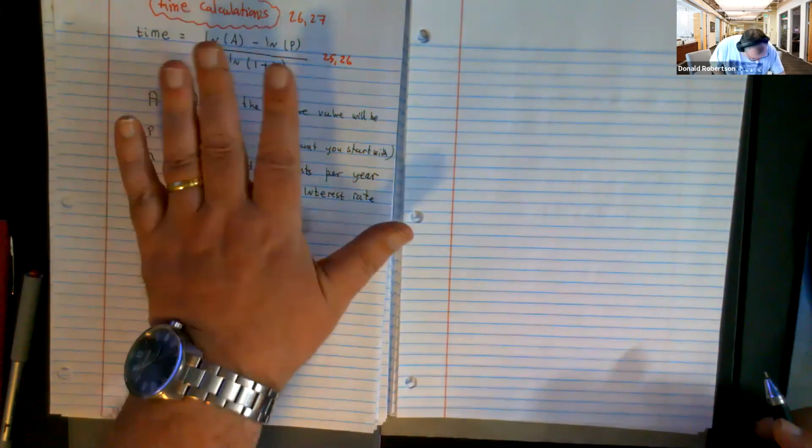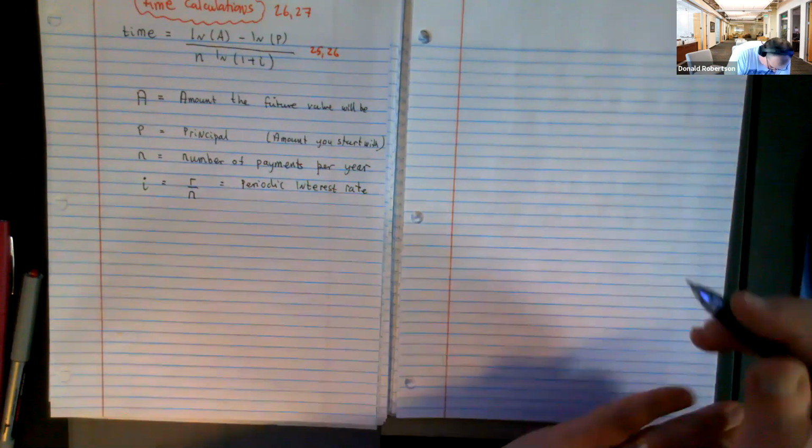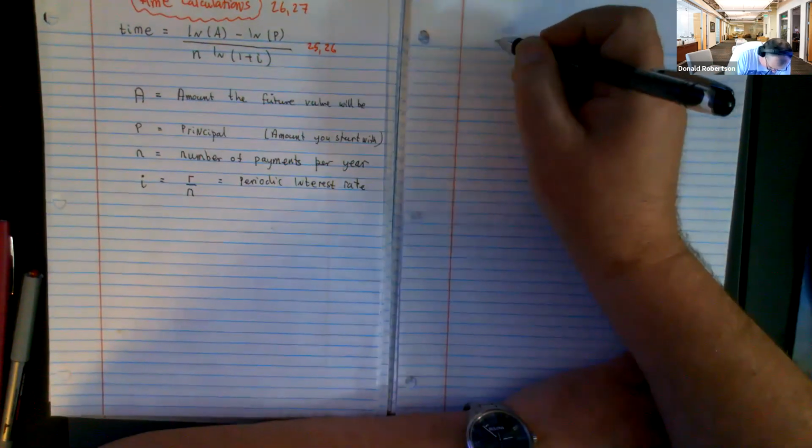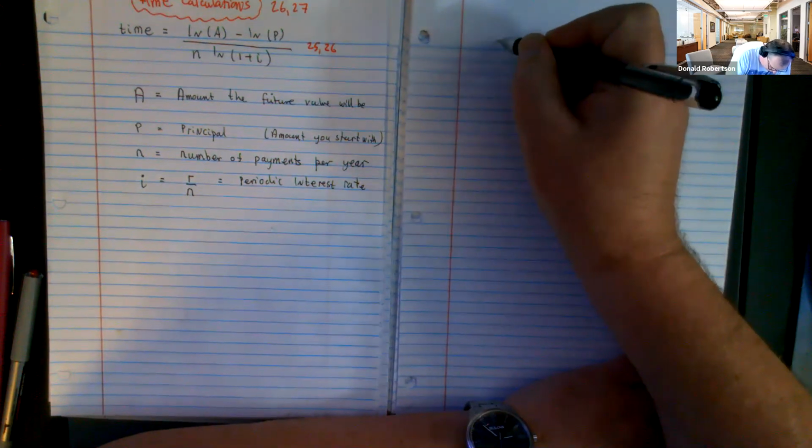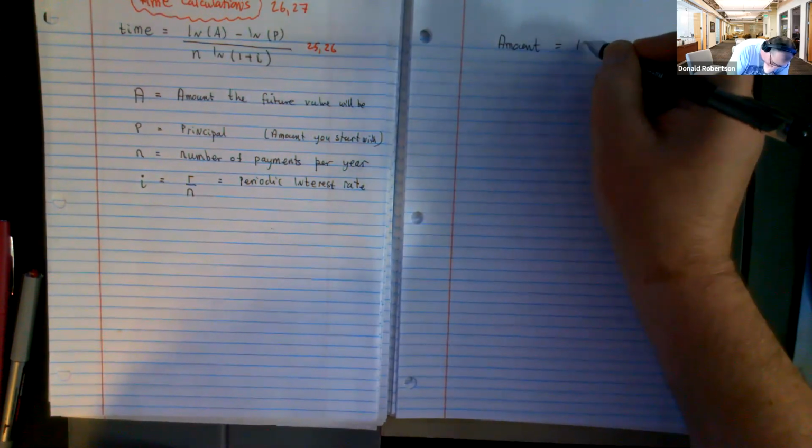Let me tell you what the story is before I go into this really ugly formula. You're going to be having an amount. So let's have a story. I would like to have $100,000.